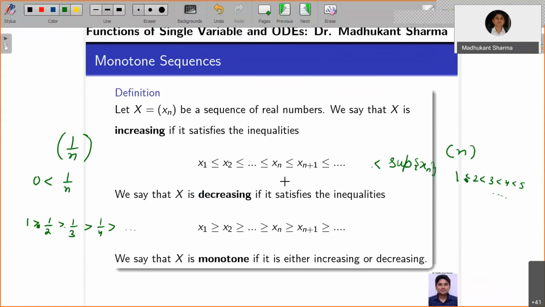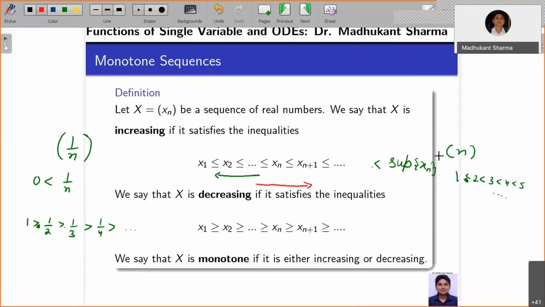For large n it is not coming towards x1, so x1 can't be the limit. It goes away from x1, either to plus infinity, meaning divergent, or it converges to the supremum. That we are going to show.